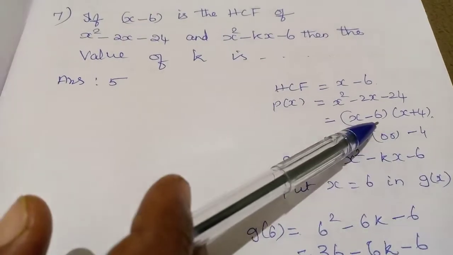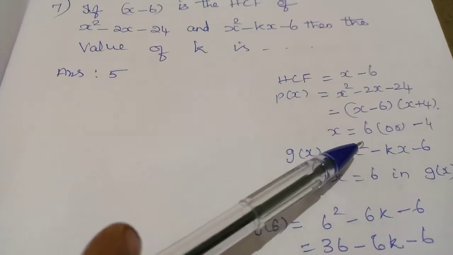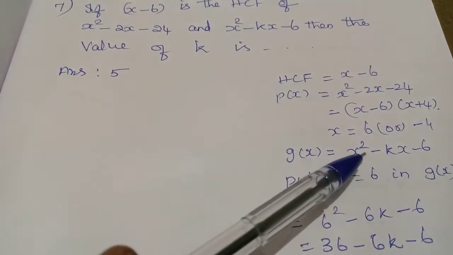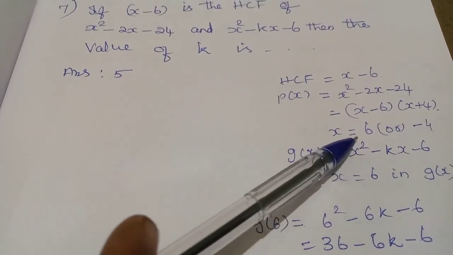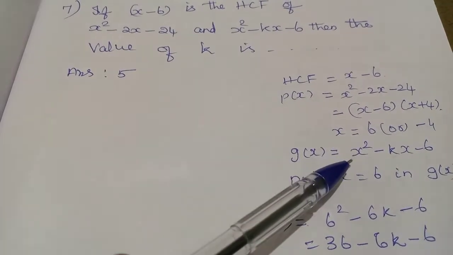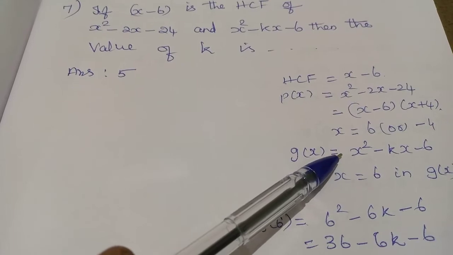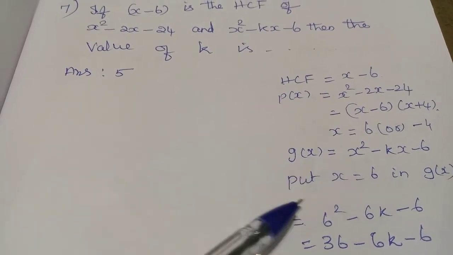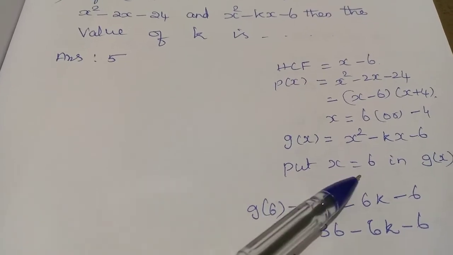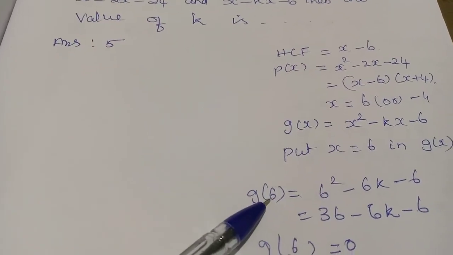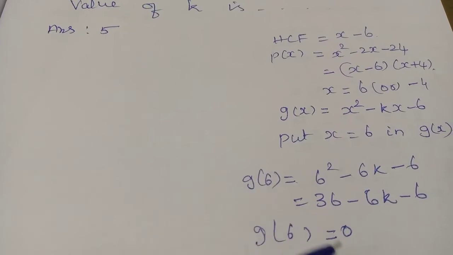Now from here x equals 6 or x equals minus 4. Take any one value and substitute. Let us take the positive value, x equal to 6, in this g of x. To get the k value, we have to take g of x equal to 0. In place of x we have 6, so g of 6 equals 0.